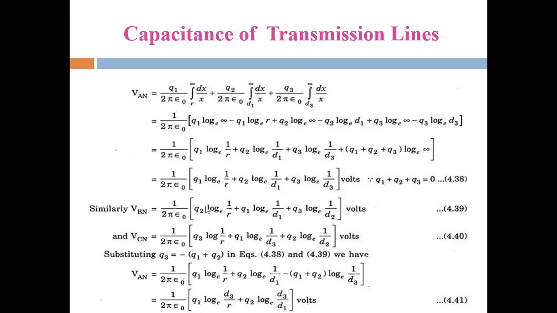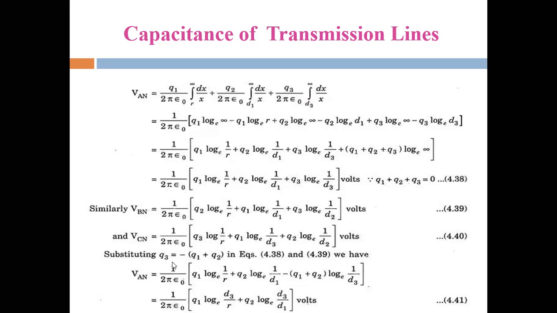Then we simplify this equation and obtain VAN is equal to 1 by 2 pi epsilon naught, Q1 log e 1 by R, where R is the radius of conductor A, plus Q2 log e 1 by D1 plus Q3 log e 1 by D3. Similarly, we write down the equations for VBN and VCN.